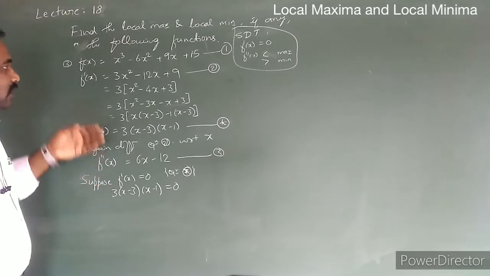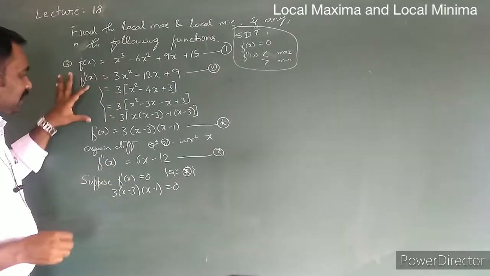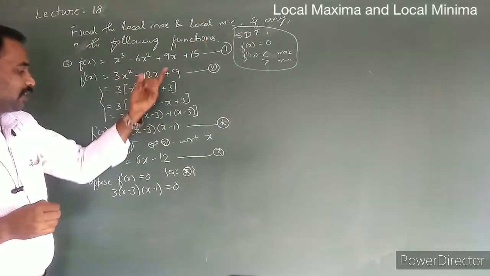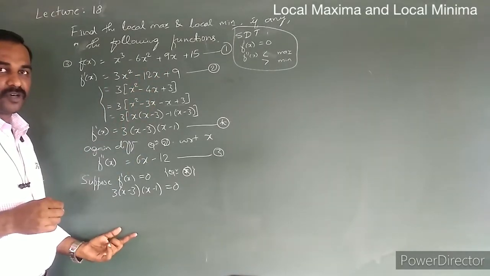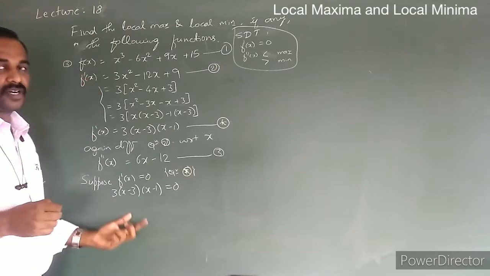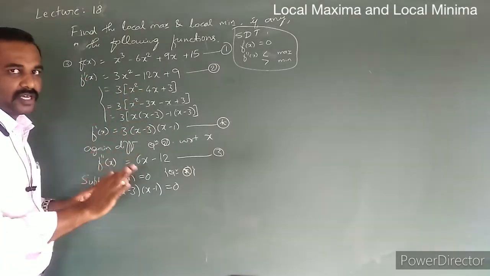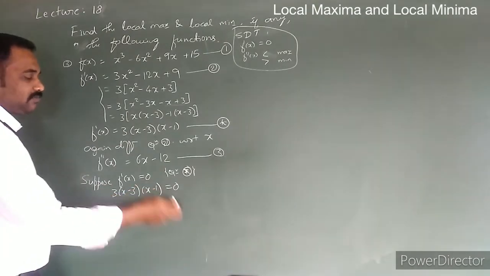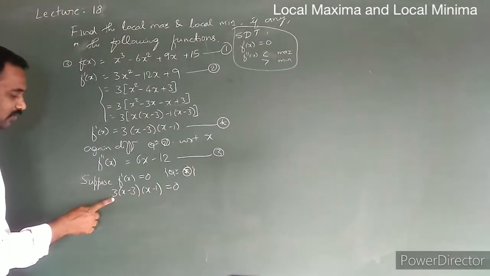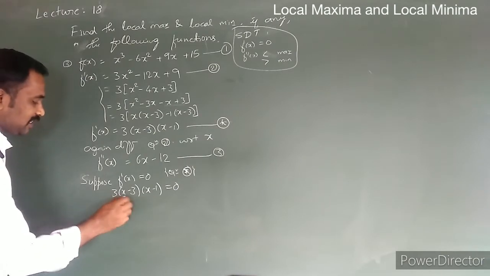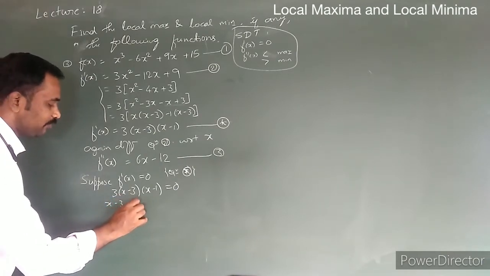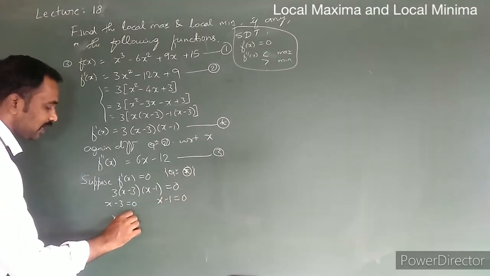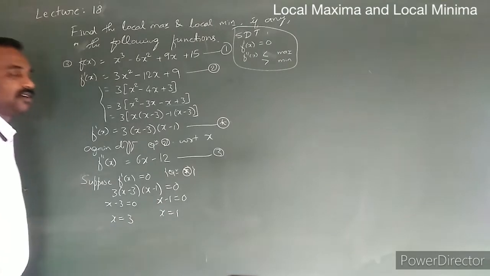I can do this part right now here, or else at this moment, taking f dash of x equal to 0 and getting the critical points. Ultimately you have to do it once. The product of 3 numbers is equal to 0, so any one of the numbers is 0: x minus 3 is equal to 0, or x minus 1 is equal to 0. From this, x is equal to 3 or x is equal to 1.